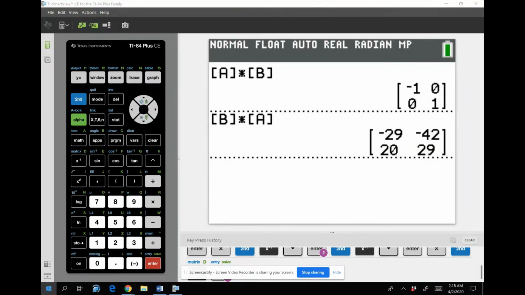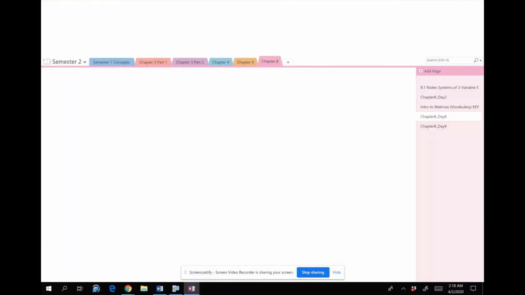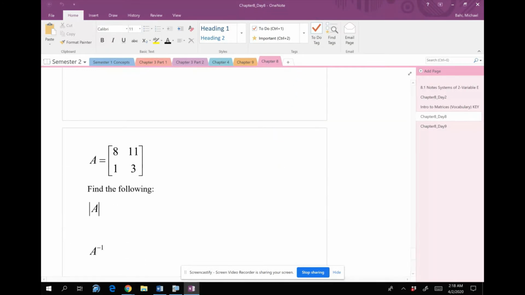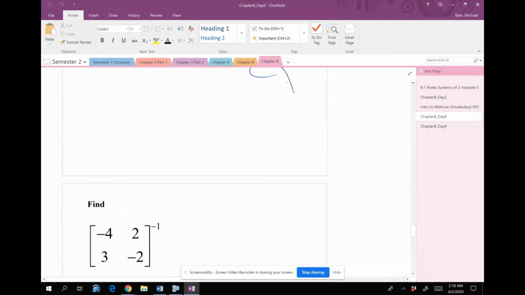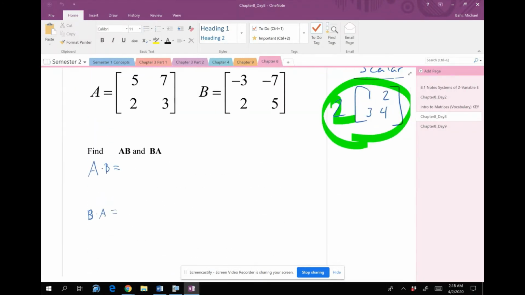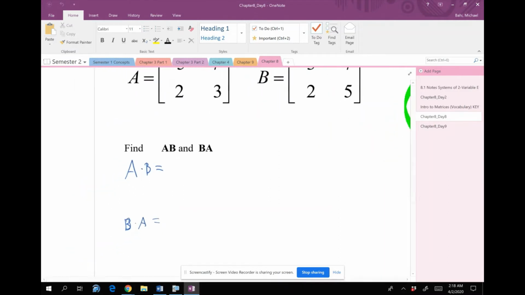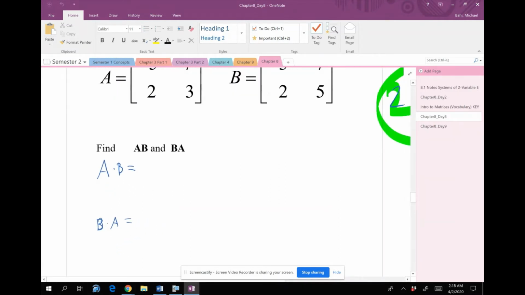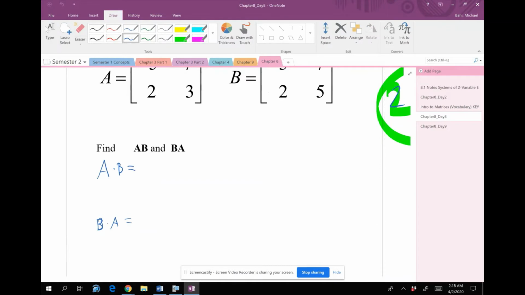Let me close this and reopen it. That is not what we had. Okay, here we go. AB, I believe we had negative 1, 0, 0, 1. And that's your answer.